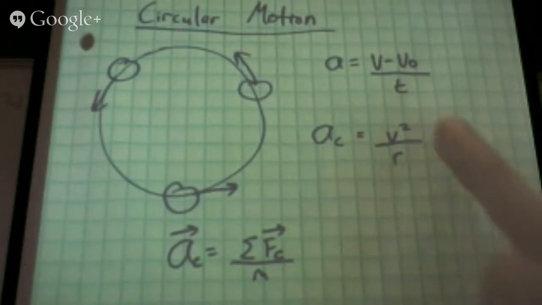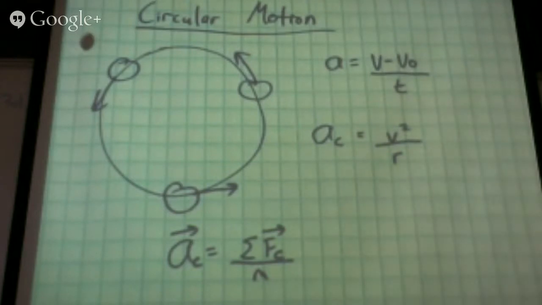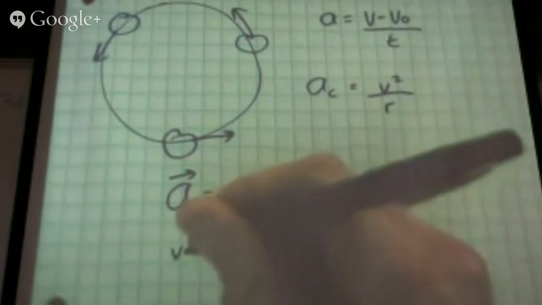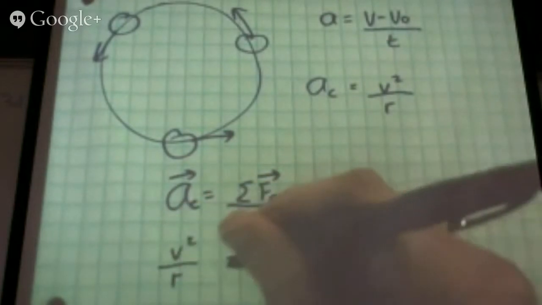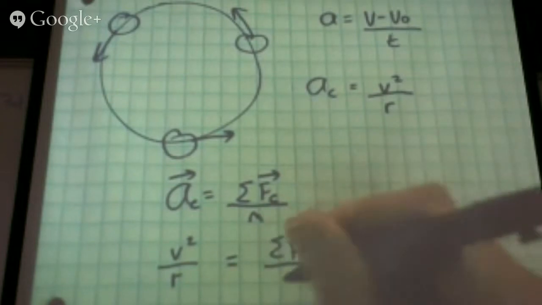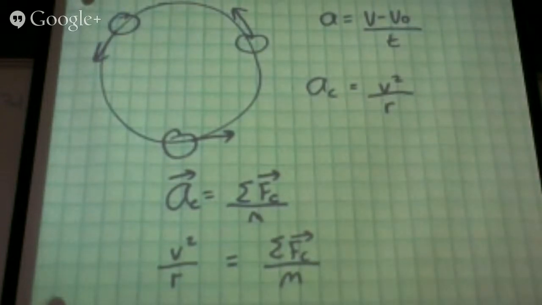Since we have this expression for centripetal acceleration, we can plug that in here. So the form of Newton's second law that we're used to working with for circular motion is v squared over r equals net centripetal force divided by mass. Or sometimes people multiply both sides by m, so it's m v squared over r equals net centripetal force.